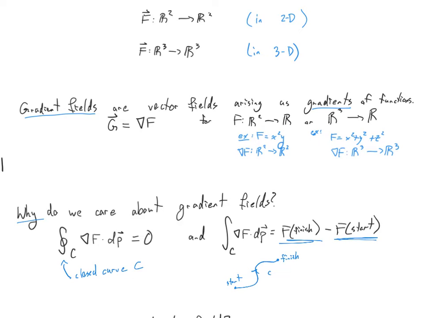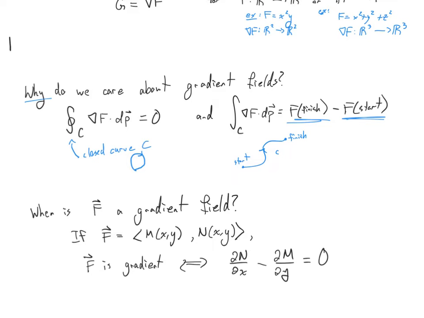That looks exactly the same as your classical fundamental theorem of calculus, f of b minus f of a. In the closed curve, the path starts and stops at the same point, and that's how you should think about these 2 things really being the same statement. So gradient fields are nice because these path integrals become easy to compute on gradient fields.